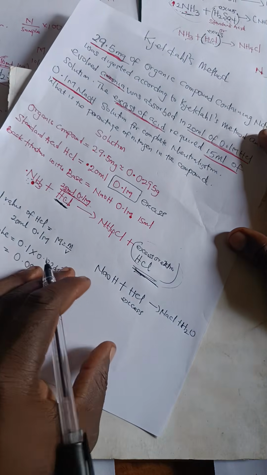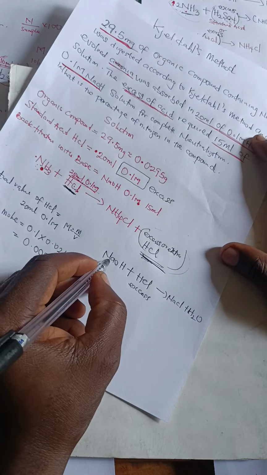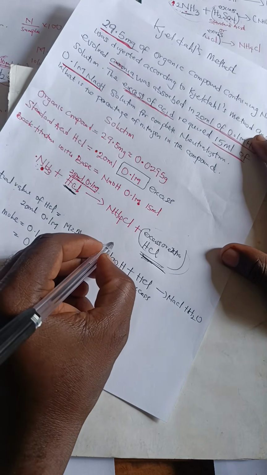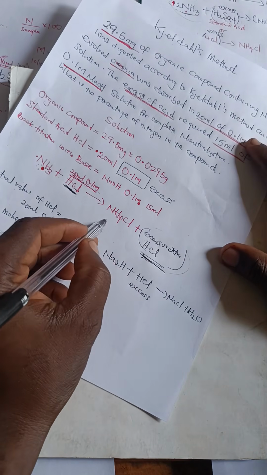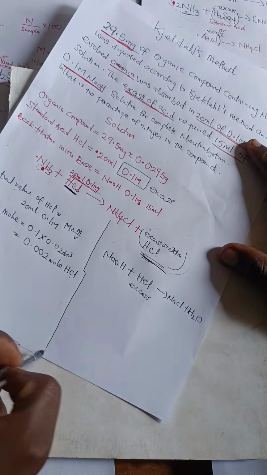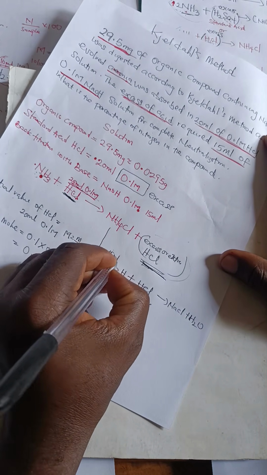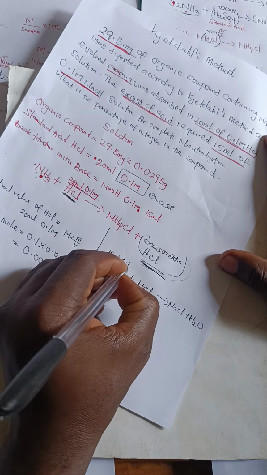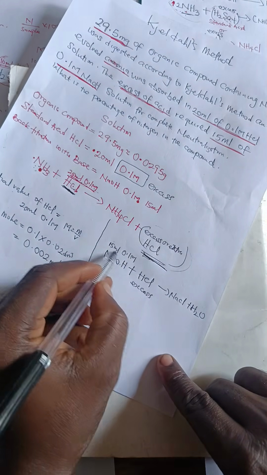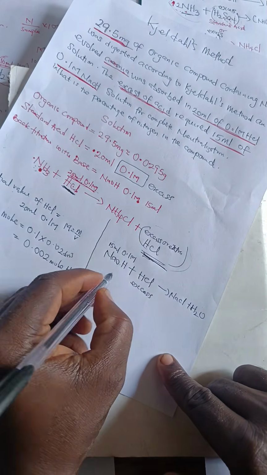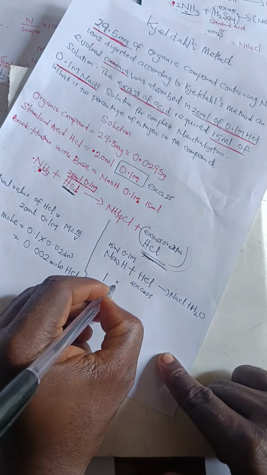H2O. So from here, we know that NaOH was given to be 15 mL, 0.1 molar. With this information, I can convert this, because this is going to be 1:1.